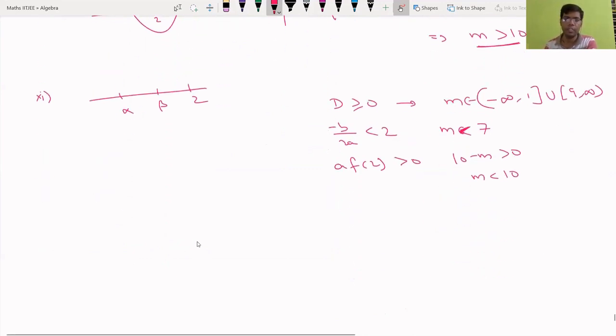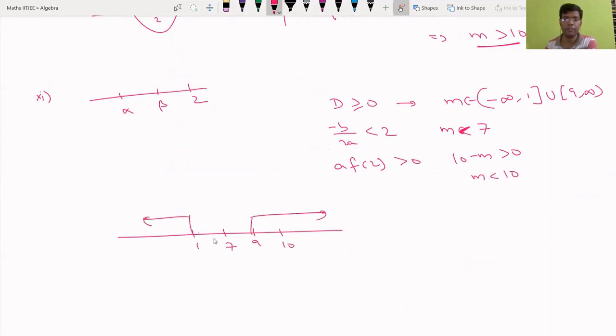So ultimately, the interval which I will have will be, this is 1, this is 7, this is 9, this is 10. So it will go like this. This is the first one. It has to be less than 7. So that means here, and it has to be greater than 10. So that is here. Oh, it has to be less than 10.